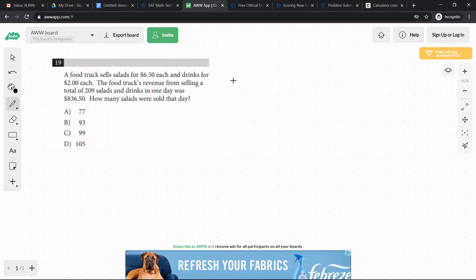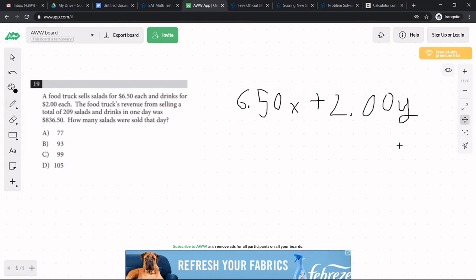So, a food truck sells salads for $6.50 each and drinks for $2 each. Now we'll just call the amount of salad sold x, the amount of drinks sold y. So this will give us the total amount that you make. We know that the total number of salads and drinks sold in one day was 209, and the amount that they got was 836.50.